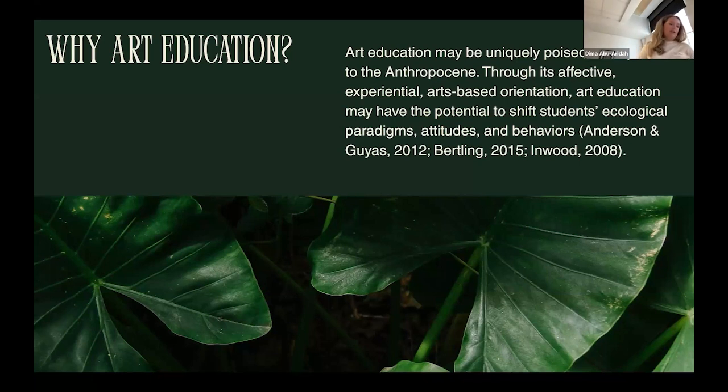She says that the sensory subjective orientation typically found in art education will not only help to shift learners' attitudes about ecological concerns, but may prove to be more effective in changing the behaviors towards the environment than traditional science-based approaches. It is this ability to stimulate learners' minds, yet also touch their hearts, that makes art education a powerful ally in fostering ecological literacy.